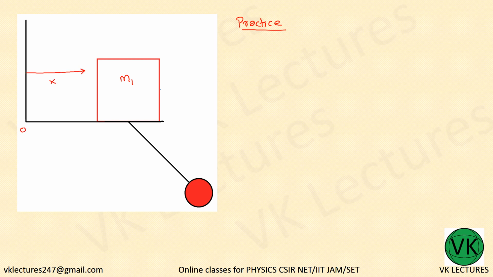Let this be considered as the origin, and in the block m1 there is a pendulum attached, with angle theta with respect to this, and this is length L. Now the question is to find the Lagrangian of the system.